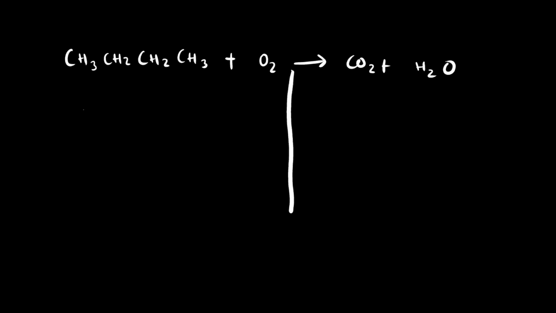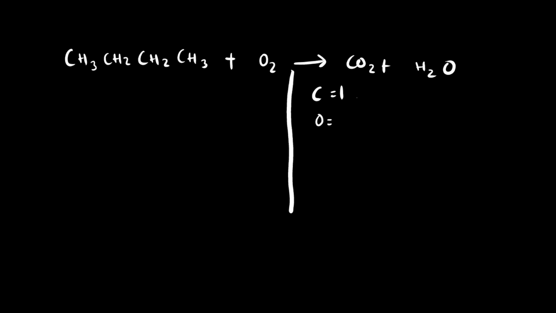Here we have butane reacts with oxygen gas to produce carbon dioxide and water. It looks pretty daunting, but it's doable. On the right hand side we have 1 carbon and we have a total of 3 oxygen, but let's break it up to make it easier to balance.